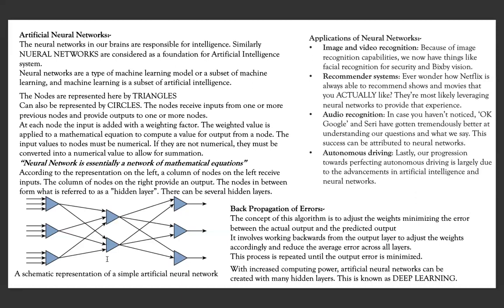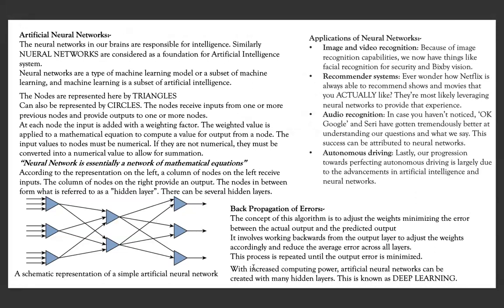And once I'm done with that, I will start again on the layer before that until I reach the input layer. So this process is repeated until the output error is minimized, and we handle it layer by layer, starting off with the rightmost output layer.